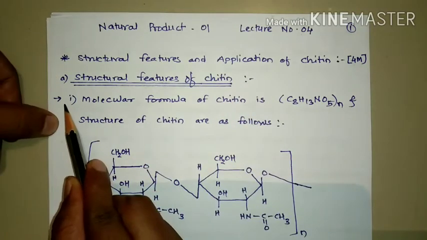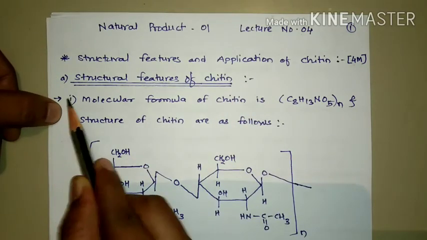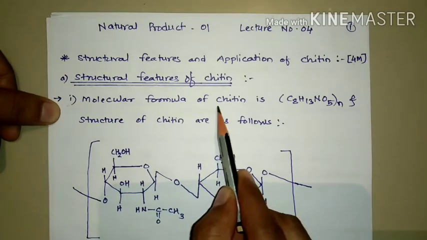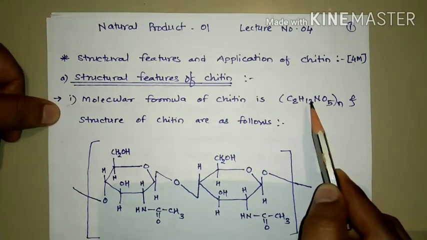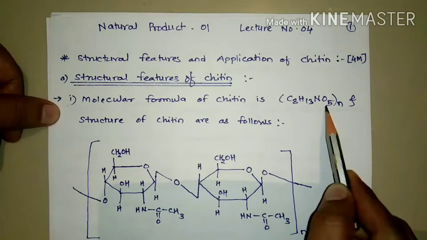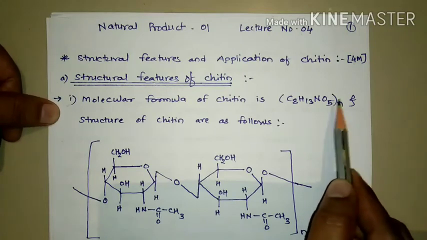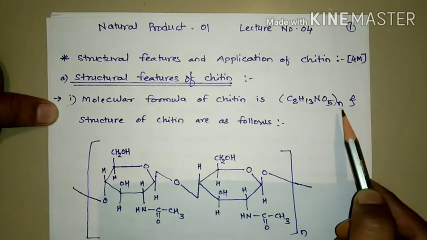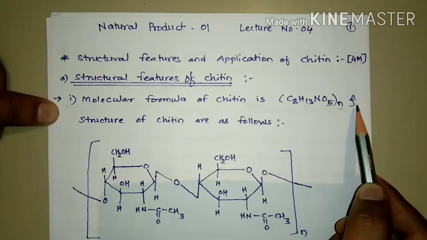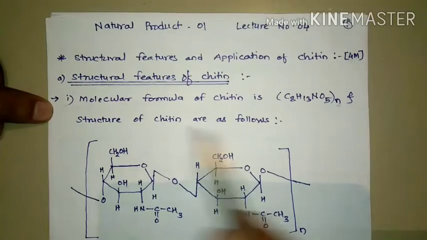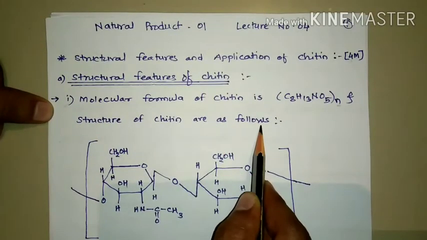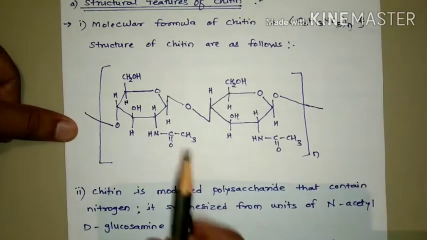In that, answer point number 1: the molecular formula of chitin is C8H13NO5, and the small n indicates that it is in polymeric form, or a polysaccharide molecule. And the structure of chitin is as follows. This one is the structure of chitin.